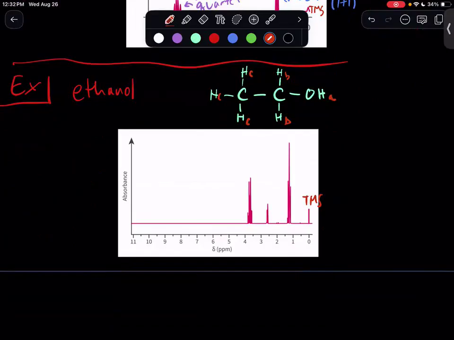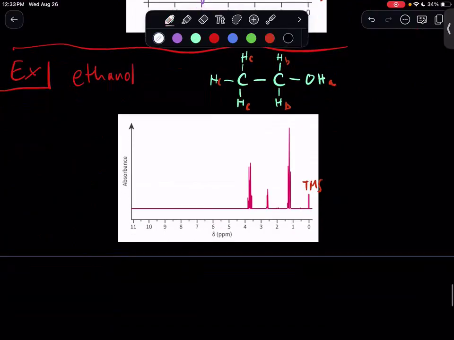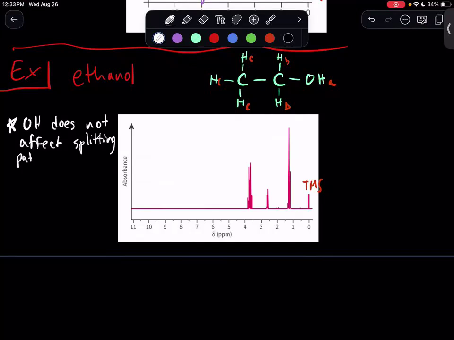We have to now look at these and figure out, well, what's going on here? Well, the weird part with ethanol, and specifically anything that has a hydroxy group that we have to take into account, is that the OH does not affect splitting patterns.